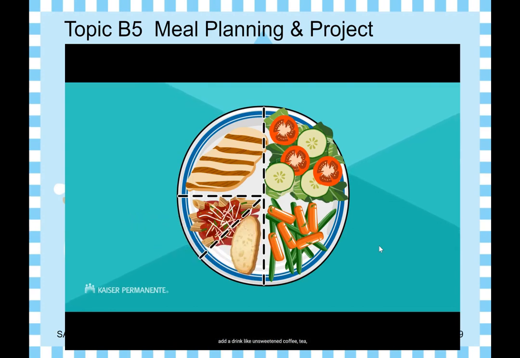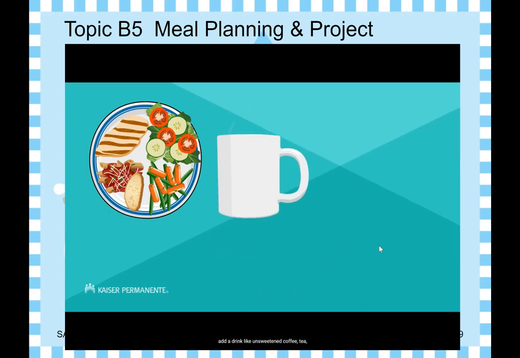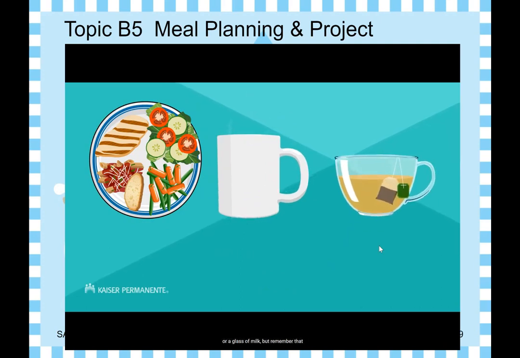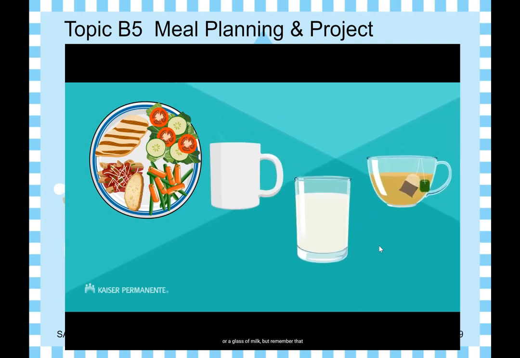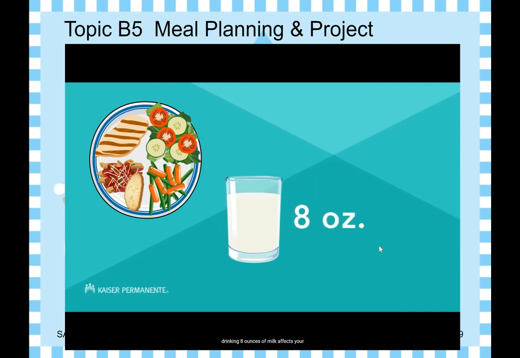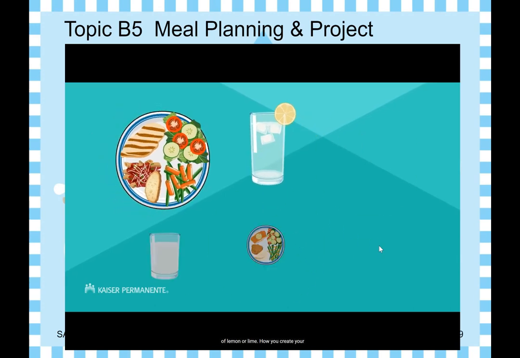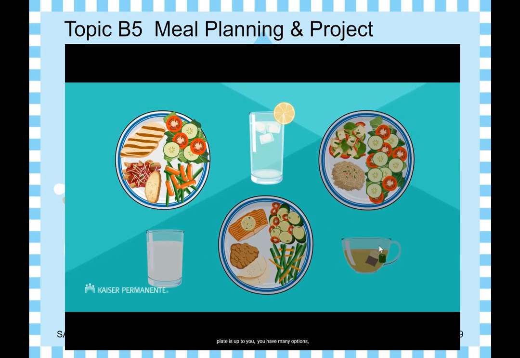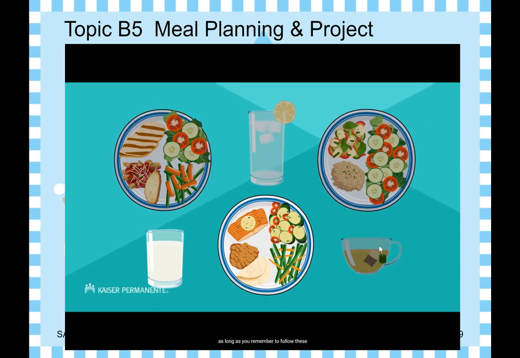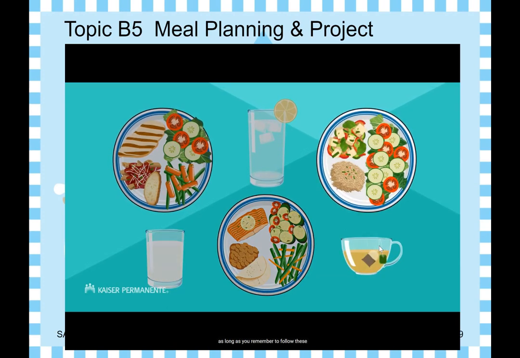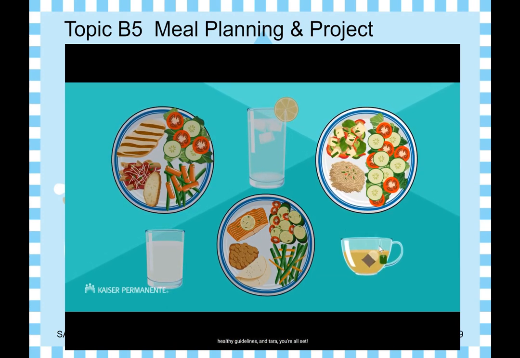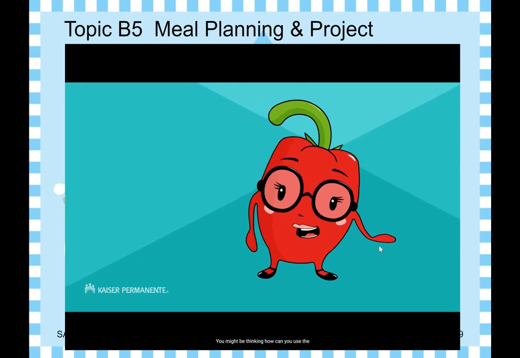To complete your meal, add a drink like unsweetened coffee, tea, or a glass of milk. But remember that drinking 8 ounces of milk affects your blood sugar just as it would if you ate another tortilla or a slice of bread. Or you can also choose water with a squeeze of lemon or lime. How you create your plate is up to you. You have many options, as long as you remember to follow these healthy guidelines. And ta-da! You're all set!